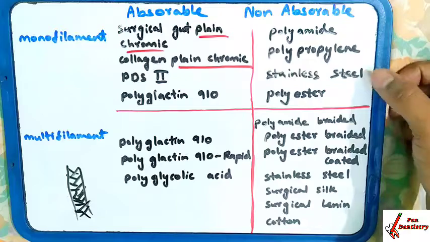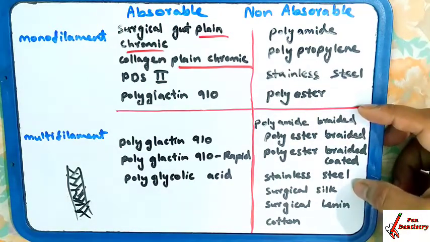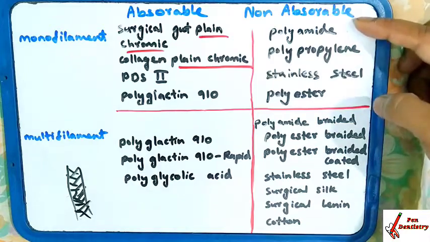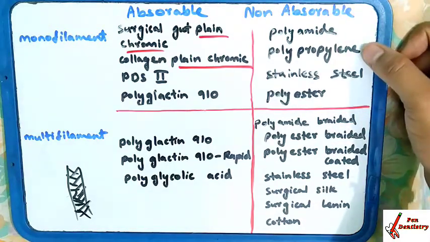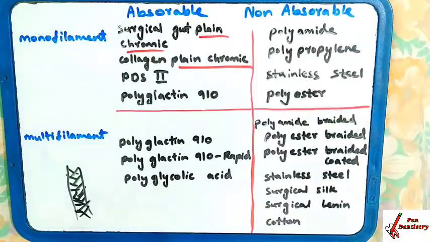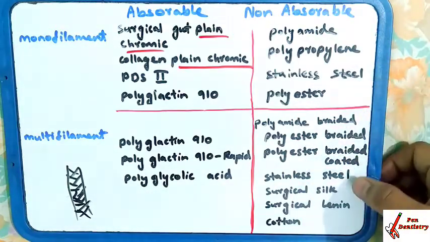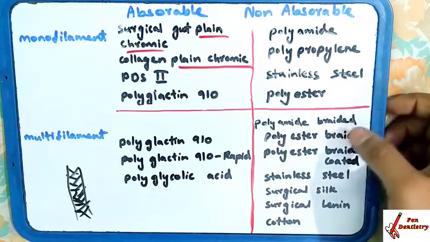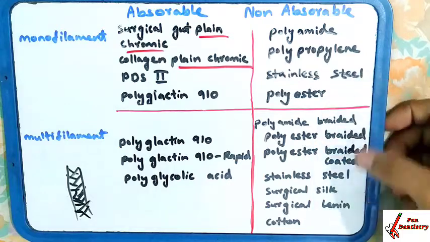The stainless steel is repeated here. So this is very easy to learn: polyamide, polyamide braided, and polypropylene, which is the only suture not repeated in the lower row. Stainless steel is repeated, polyester braided, polyester braided coated, and stainless steel.